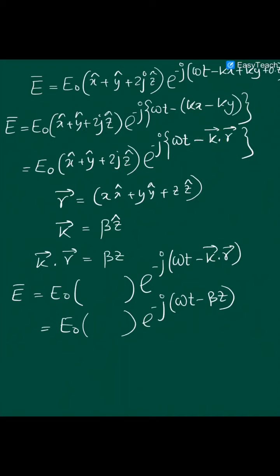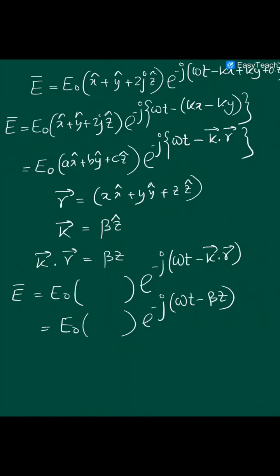Similarly, you can also write the general expression for the direction of the electric field. You can just remove this part and write it as a x cap plus b y cap plus c z cap.